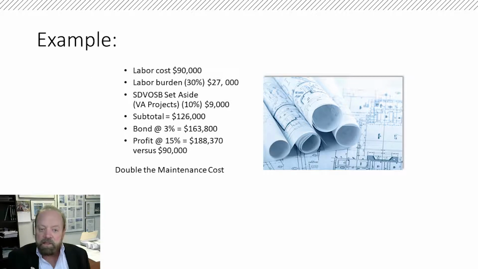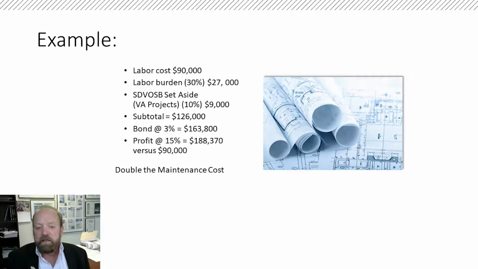So initially the labor cost would be $90,000, whether it be done by the contractor or done by a maintenance person. Labor burden was $27,000. This was a VA project, so VA set aside was $9,000 with a subtotal of $126,000, bond at 3%, profit at 15%.